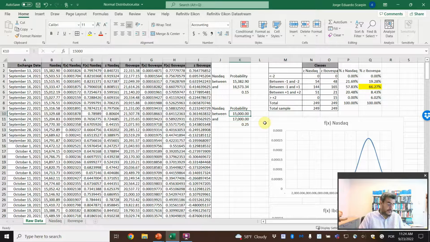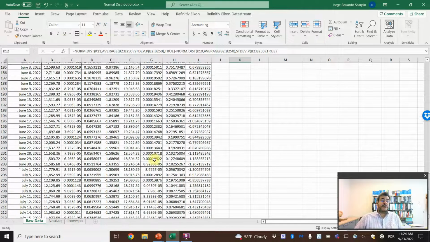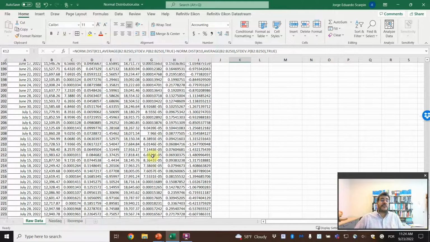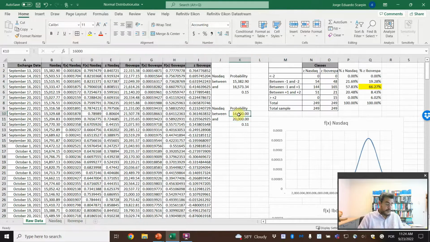If we go here between 16 and 20, it is 11%, and so on, because we never hit the 20. So, or between 10 and 15, 72%, and so on.